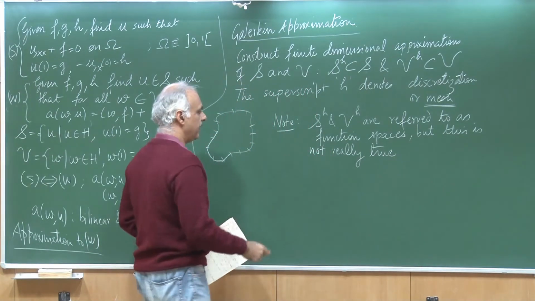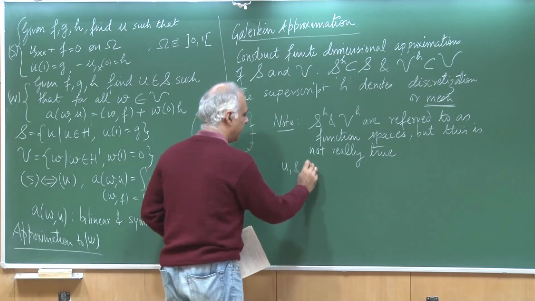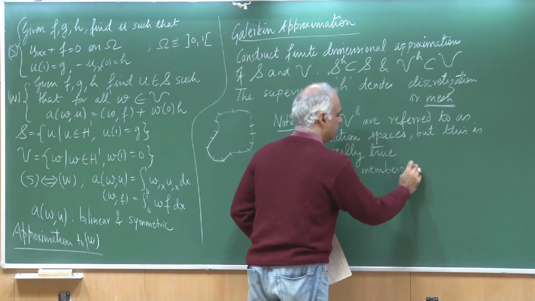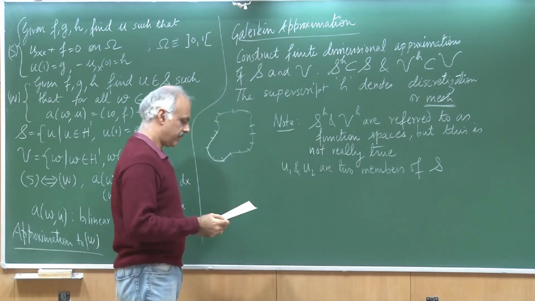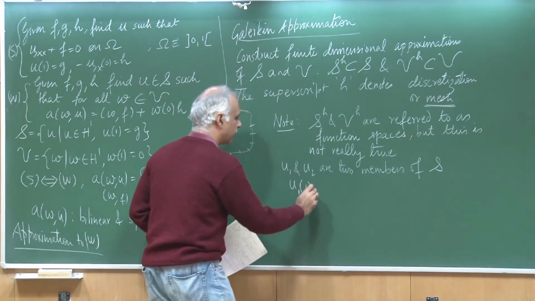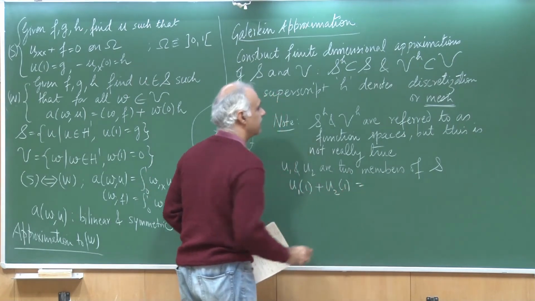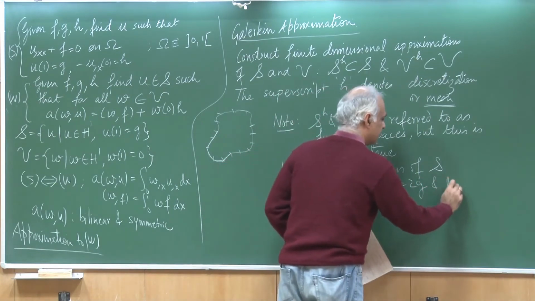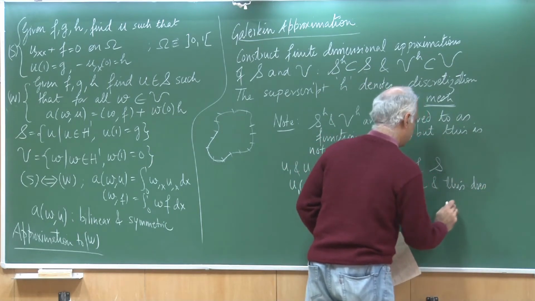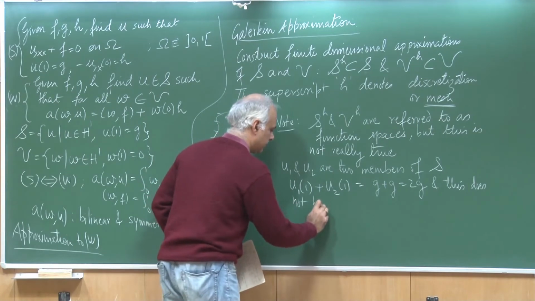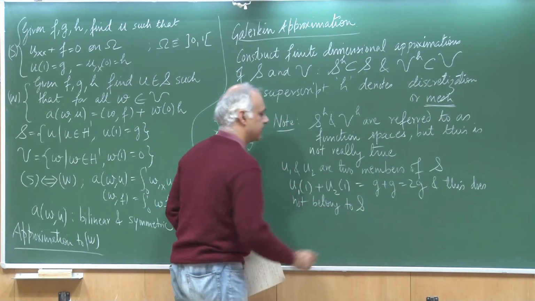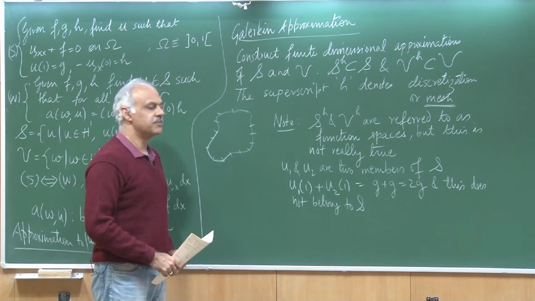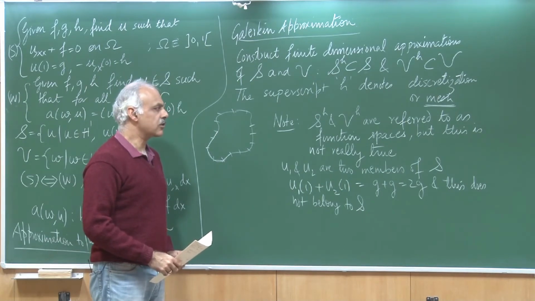The reason being that if I take u1 and u2 as 2 members of, let us say, S, then u1 at 1 plus u2 at 1 would be actually g plus g, which is 2g, and this does not belong to S. If you remember, in an earlier session we had talked about the vector spaces, the function spaces, and we said that it should be closed to addition.